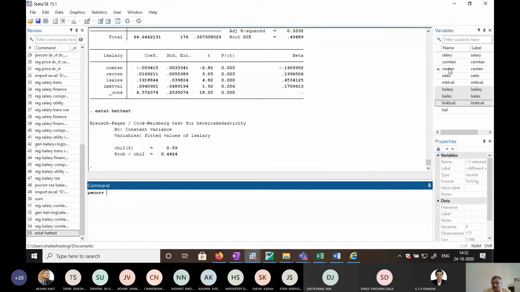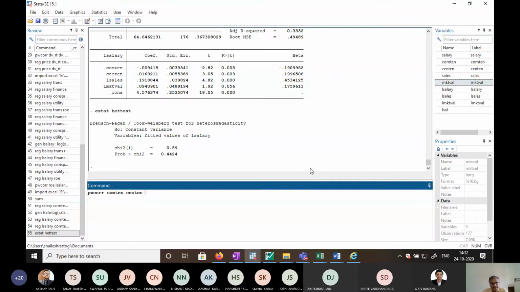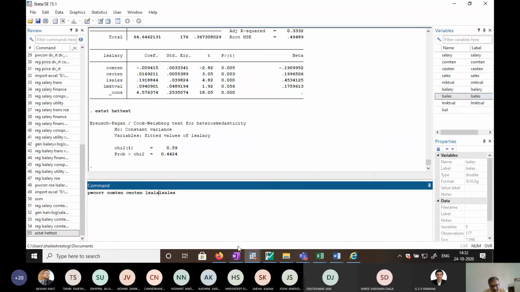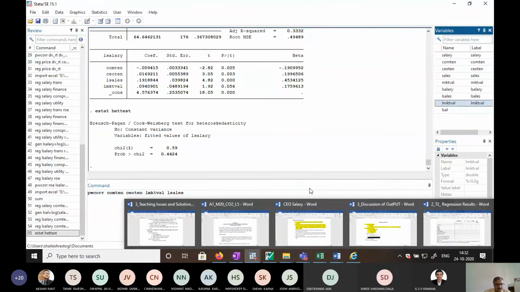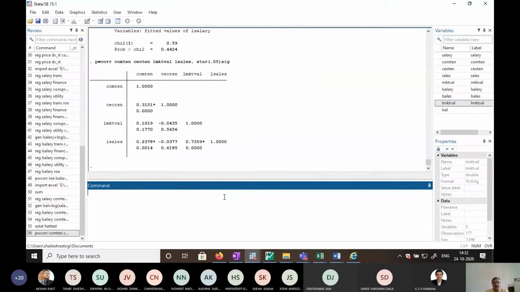So I'll quickly go through these two, and then I'll take the log form. Log salary, log sales. Log salary can be ignored because it is the dependent variable, or we can take it either way, it is okay. But right now we are ignoring it. So I've got all the four independent variables. Now I'll put a star for 0.05 significance. And look at here.